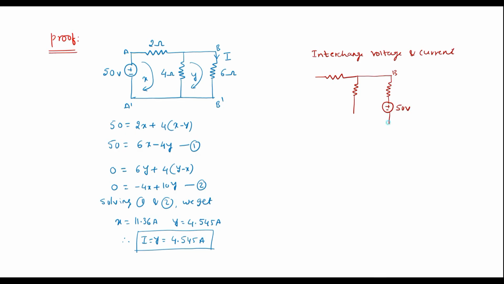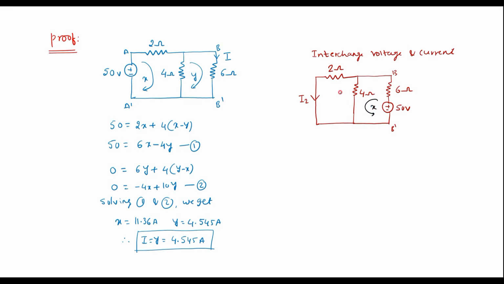This is 50 volt, and we supposed to find the current in A dash, that is we supposed to short this because there was a voltage source that we have replaced, so it should be made 0. Now we supposed to find the current, say I2. The value of this resistor is same, that is 2 ohm, this is 4 ohm, and here it is 6 ohm.